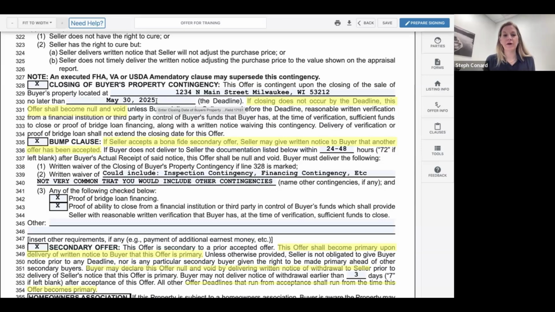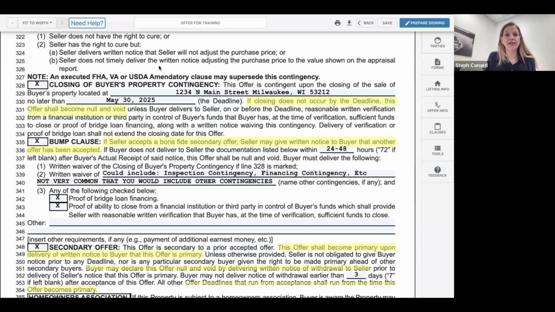A lot of times, most agents are mimicking the closing date that they have put in on the first page of the offer to purchase. So let's say we're requesting to close on this home on May 30th. We're going to say that our personal residence is going to close no later than that May 30th deadline as well.